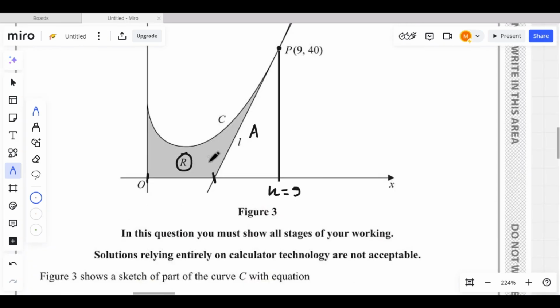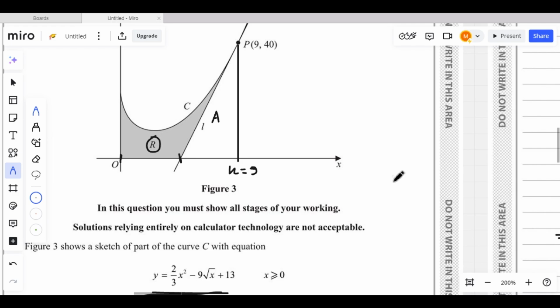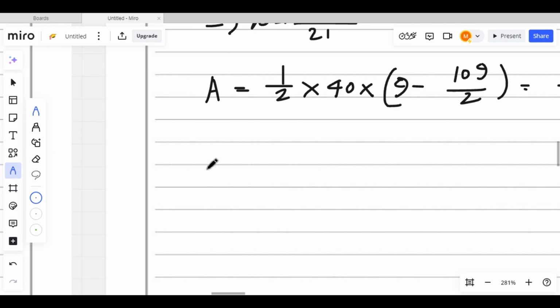Now our work is to find, using integration, the area between the curve C and the x-axis. So let's integrate the curve within the fixed interval 0 to 9. So area under the curve.